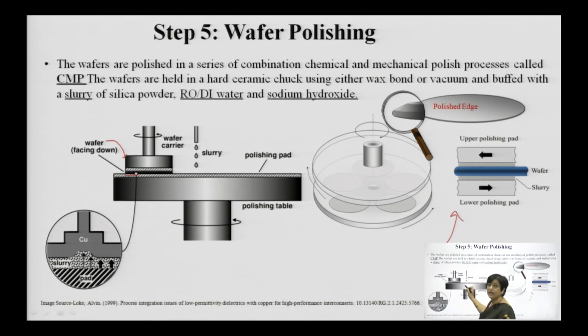That is preventing any abrasions, and with appropriate pressure and appropriate temperature, without elevating temperature, this polishing is taking place. These polishing pads rotate. The wafer is facing down, and you have this particular wafer carrier, which is continuously rotating, and with high RPM the polishing process continues.